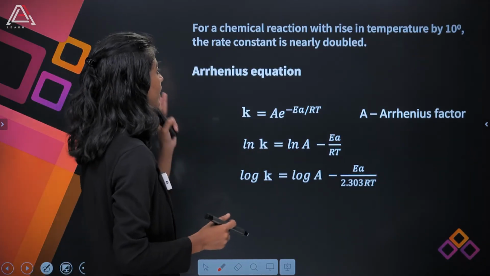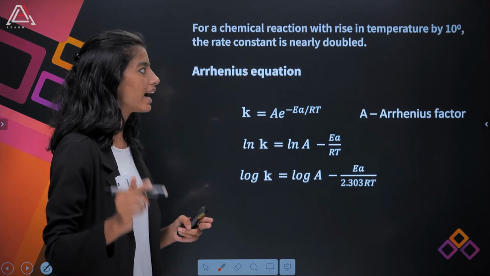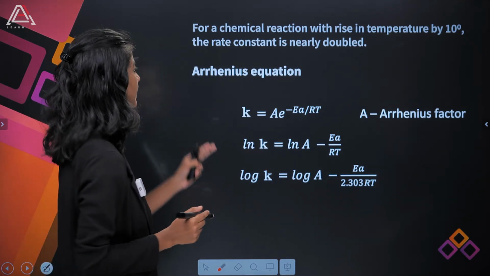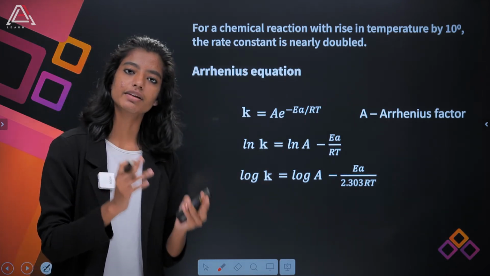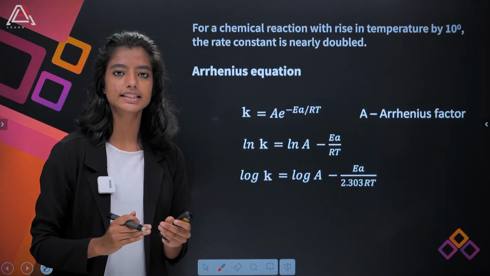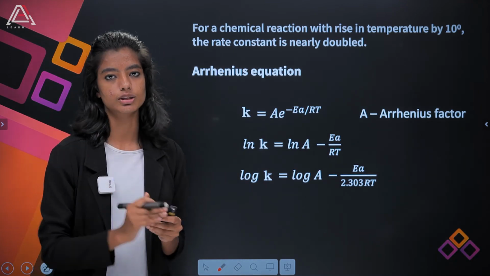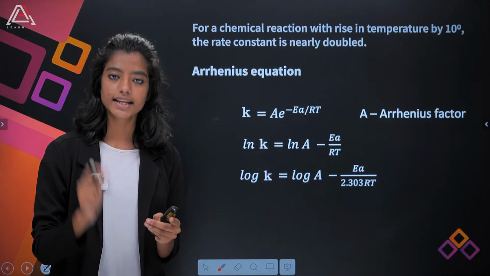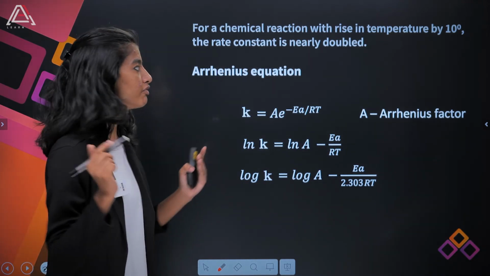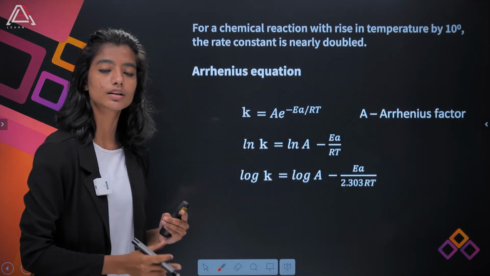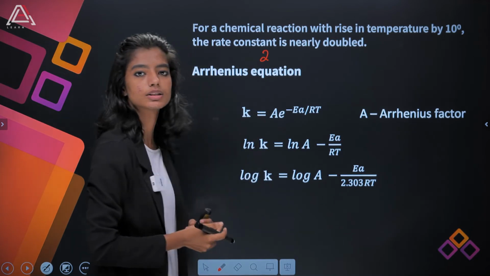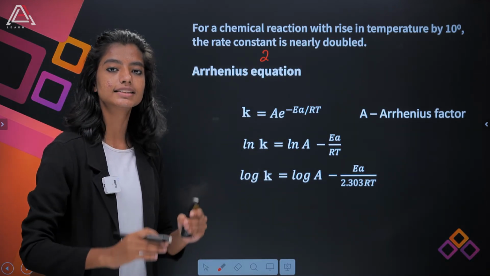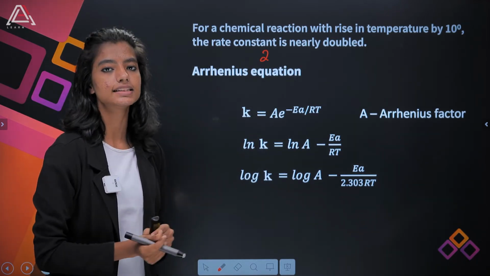Now, for a chemical reaction, with a rise in temperature by 10 degrees Celsius, the rate constant is nearly doubled. If I have a chemical reaction and I am increasing the temperature by 10 degrees Celsius, the rate constant K will be doubled. For example, I have a chemical reaction where the rate constant is 2. Now I am increasing the temperature by 10 degrees Celsius.